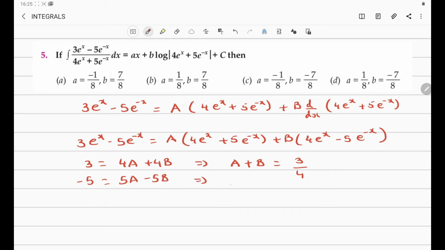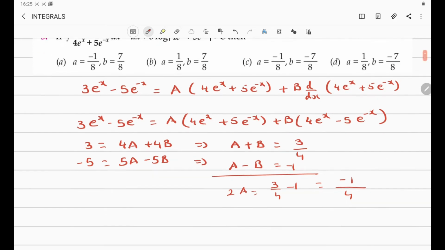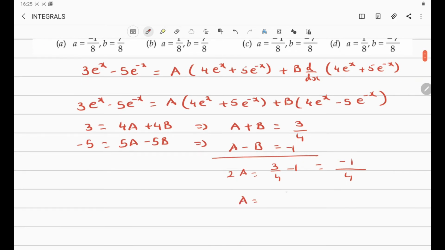This implies a minus b is equal to minus 1. Adding these two equations we get 2a equal to 3 by 4 minus 1. The LCM is 4, we get 3 minus 4 is minus 1 by 4, so a is equal to minus 1 by 8.